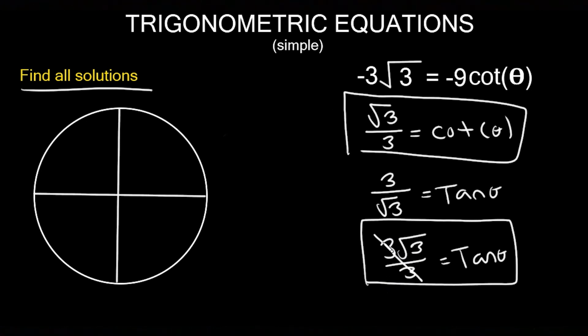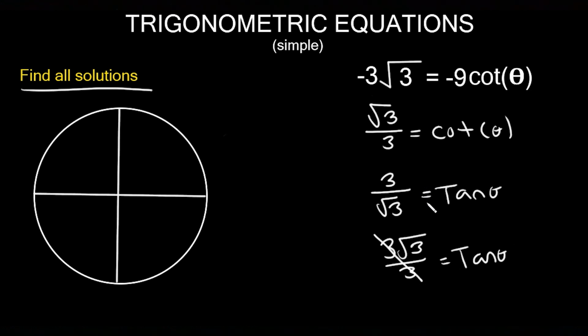Meaning they're both going to have that same angular value. But if I can put it in terms of one of the three basic trig functions, such as sine, cosine, and tangent, it's going to make using my unit circle much easier, okay? So that's my recommendation to you. So now I'm looking at tangent theta equal to the square root of 3 rather than cotangent theta equal to the square root of 3 all over 3, okay?